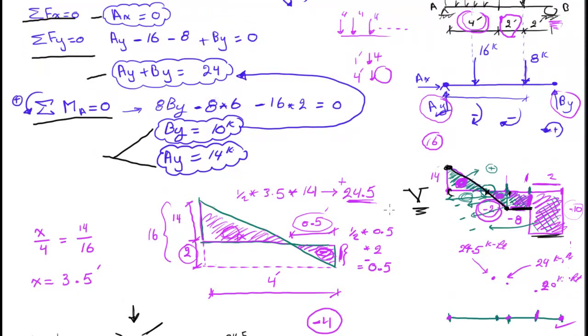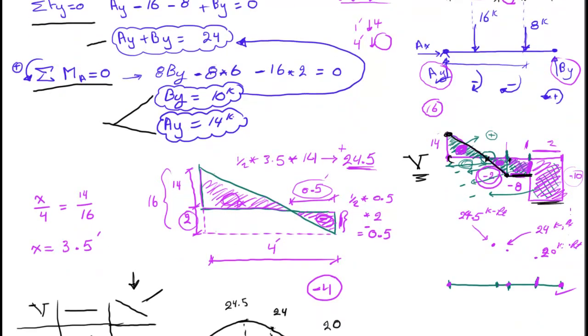After you get the shear diagram, try to get all the lengths of the segments of the regular shapes, as we said, the triangle or the rectangle or the square, and use the trick of similar triangles to find the unknowns, like in this one.